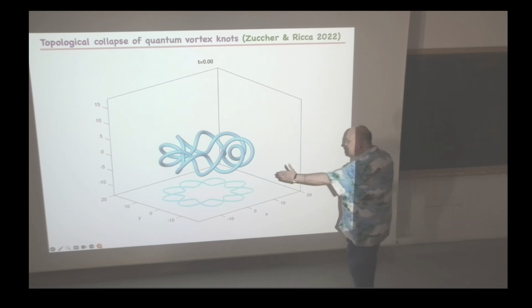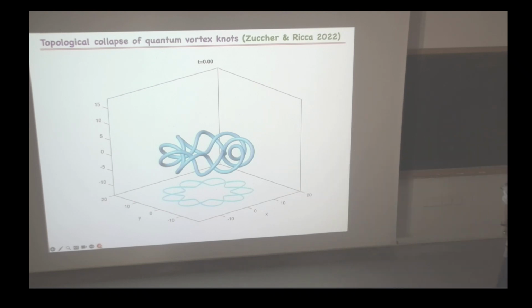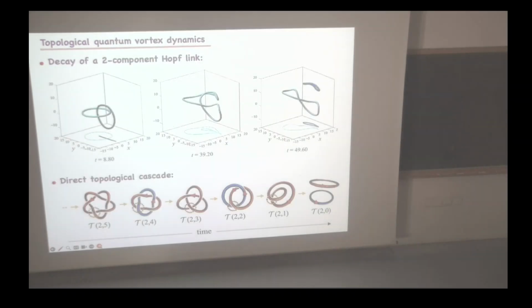The idea is, we may go from something like this, jumping down to this, avoiding all the intermediate stages. Why? Because the system is highly symmetric. And so, evidently, if reconnection takes place not in one place but in many places simultaneously, then you jump straight to the unknot.